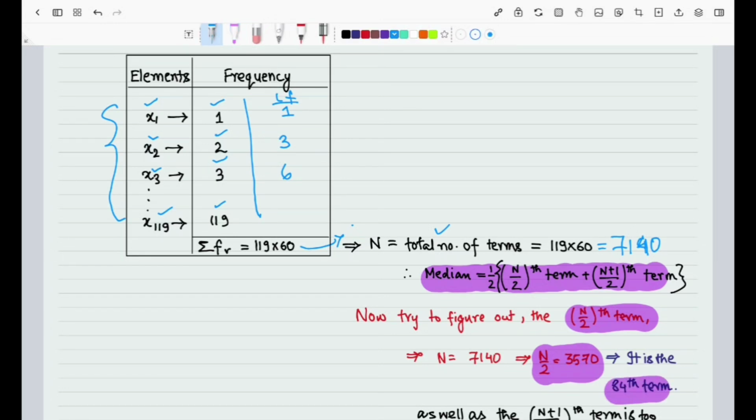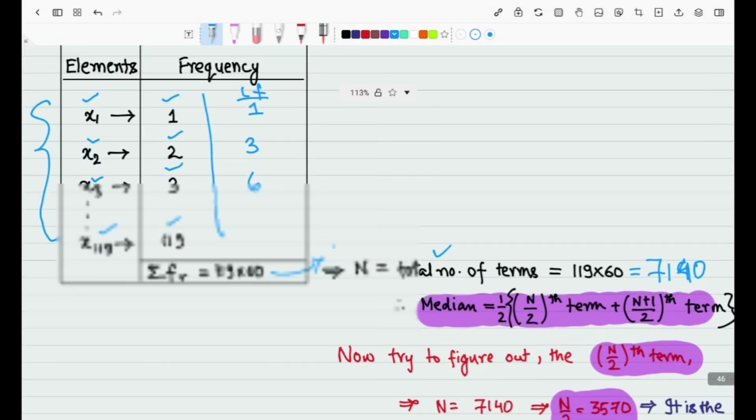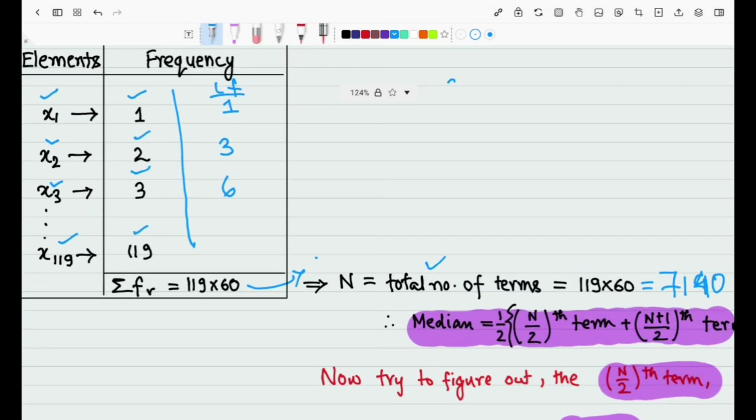Let me explain to you all how it is the 84th term. 3570 can be represented by factoring as 84 into 85 divided by 2. I have just factored it out. There is no big calculation. You may also factor it out.